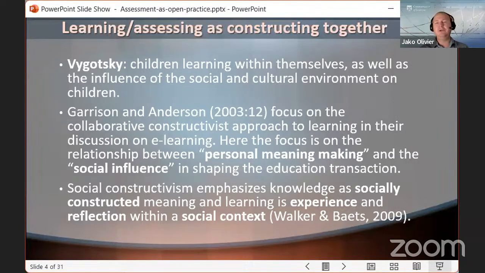I love the idea of the personal meaning making as being central to the collaborative constructivist approach, because for me, learning is language, learning is communication. So it's all about meaning making. And that is central to renewable assessments as well. Also here, it's about socially constructed meaning and within a social context.